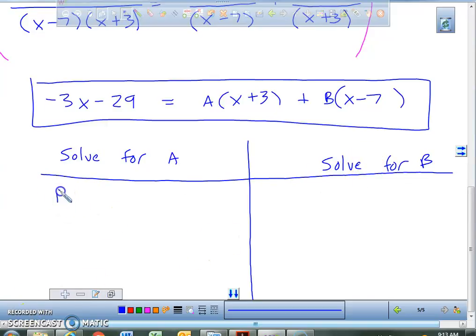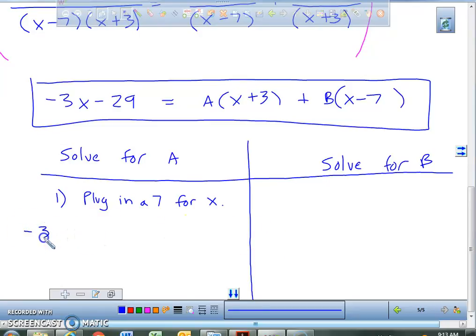All right. Step 1. To solve for A, I want you to plug in a 7 for x. Plug in a 7 for x. Let me show you what it looks like, right?